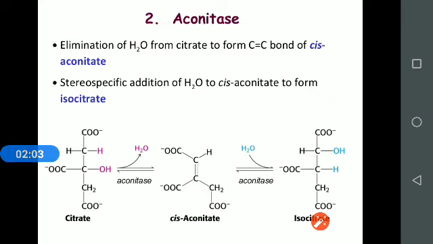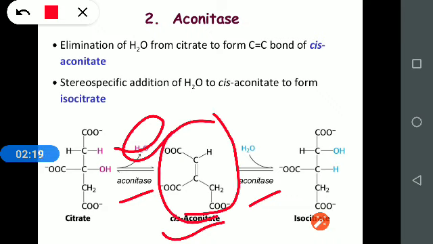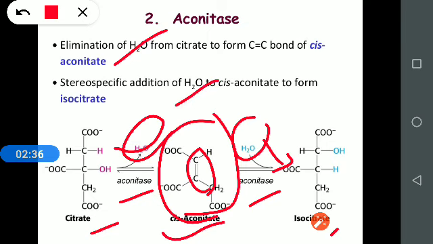Citrate is converting into a cis-aconitate intermediate, and after that cis-aconitate will convert into isocitrate in the presence of the aconitase enzyme, where first removal of water is seen and it forms the cis-aconitate structure, a C-C double bond forms. Then again the same water molecule is added to this, that means shifting of the OH group will be seen. So citrate is converting into isocitrate by removal of water and addition of water. Only stereoisomerism is taking place.